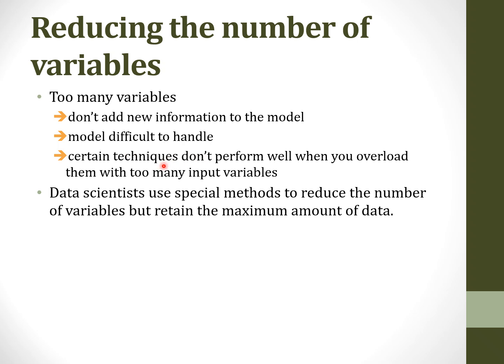Also, we have to keep in mind that certain models do not work properly when we overload them with too many input variables. So data scientists always use special methods to reduce the number of variables, but they try to retain the maximum amount of information that can be obtained from the variables.